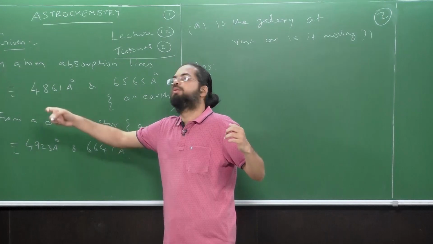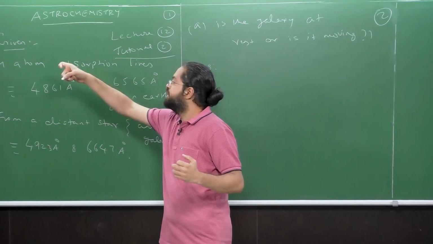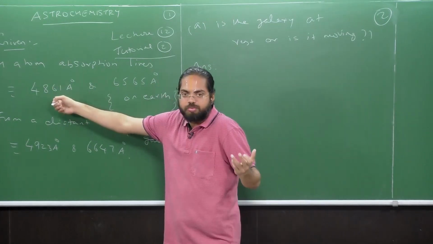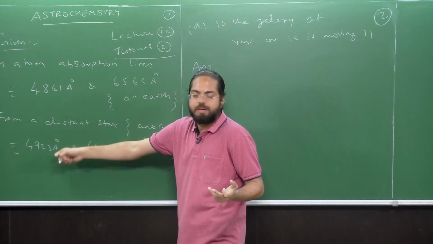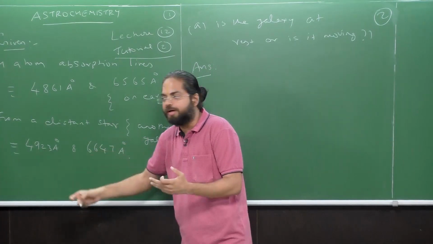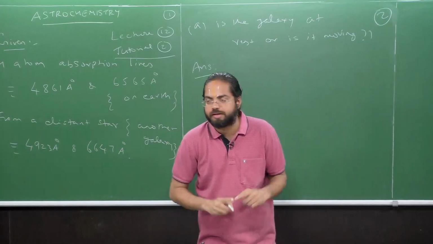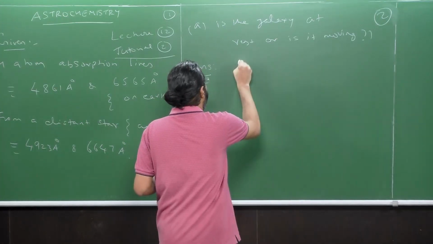If the galaxy were at rest, the hydrogen absorption spectrum should be exactly identical. If it's 4861 angstrom, the same line should also be measured at 4861 angstrom. However, in this case, they are different, correct? So the fact that they are different tells us that it is moving.